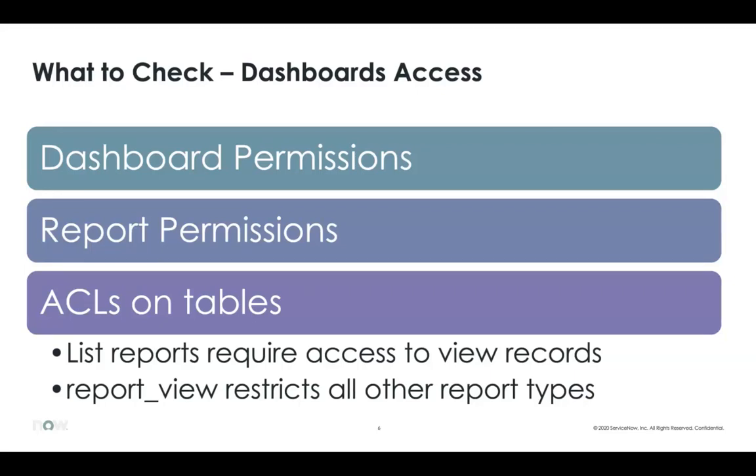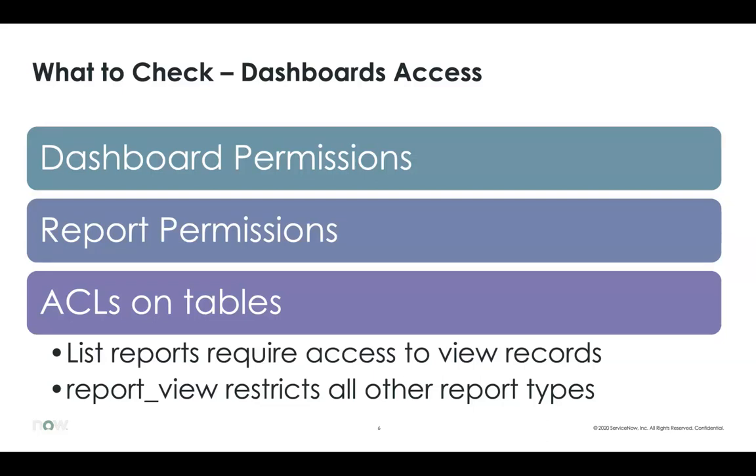A lot of us are used to list reports requiring access to view the records. Also be aware of the report view ACL that was introduced a few releases ago. And as things come through, we're tightening some security. In the past, you didn't need an ACL to view those chart reports.